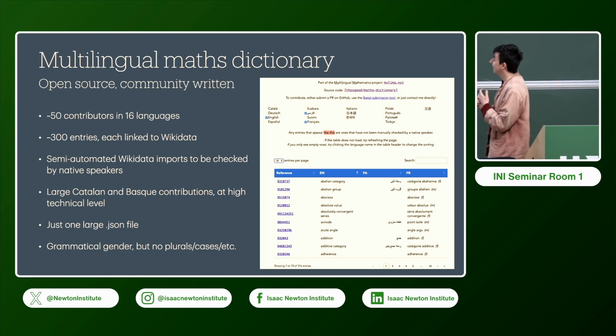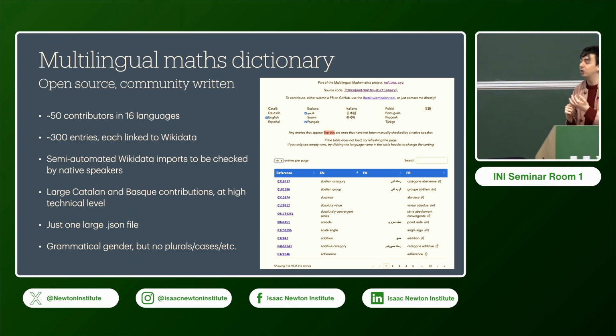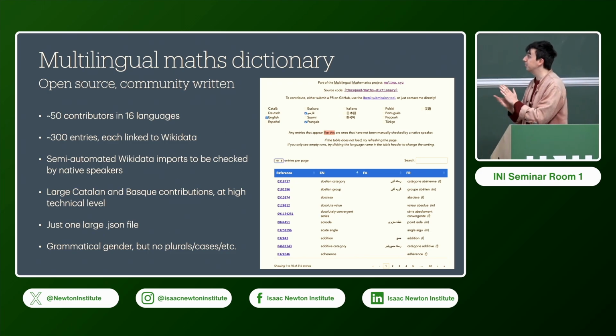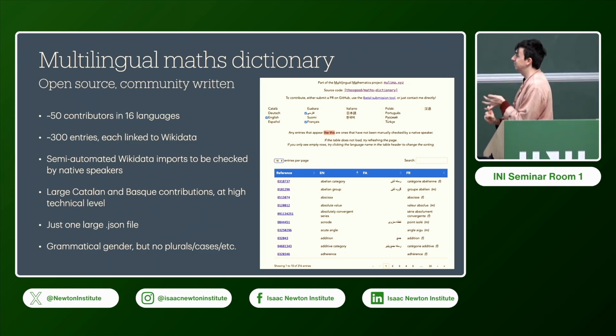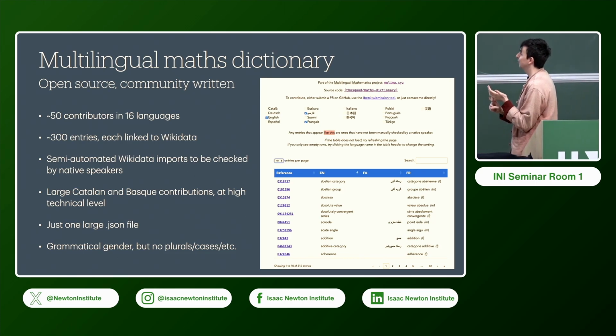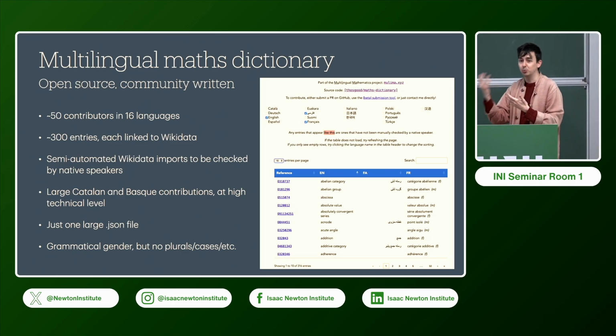The thing that's really interesting, which I mentioned earlier, is that I was compiling this and then, out of nowhere, very early on, I had two separate emails from some people in Catalonia and northern Spain sending me dictionaries in Catalan and Basque, which weren't just translating things like angle and line and function, but things like abelian category, left-derived functor, quite technical mathematical language. This was fantastic because it was a real indication that there are people out there who are actively working towards these sort of things anyway.